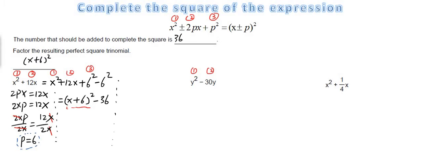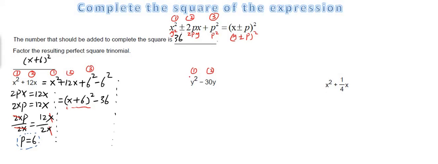Here we change to y squared plus or minus 2py, and then y plus or minus p squared. The same things. We just change the variables.